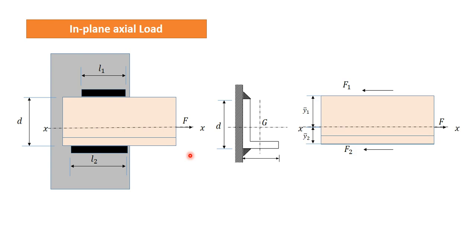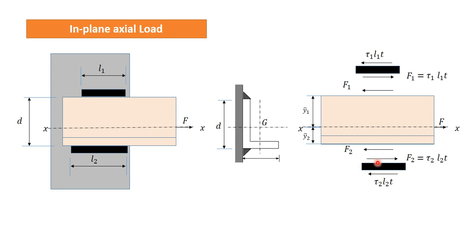If I draw a free body diagram of this member that we have welded, this force F will be balanced by F1 and F2. These are the forces that the weld will apply on the member. If we draw the weld, then these are the forces acting on the weld, equal and opposite to this. This will be equal to the resisting stress, and this stress multiplied by area will be equal to F1.